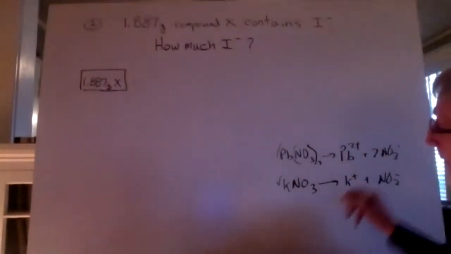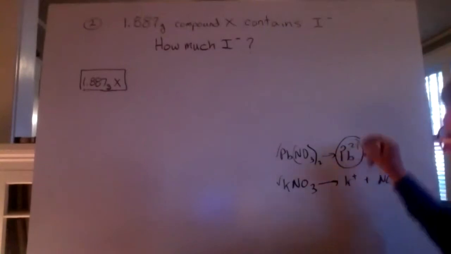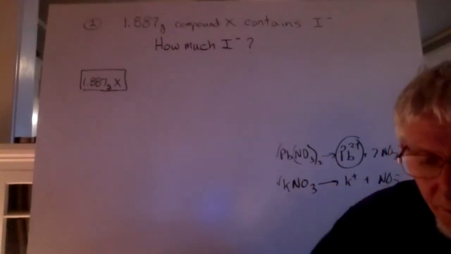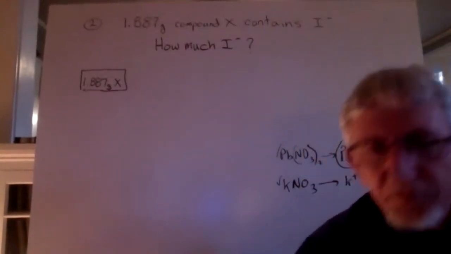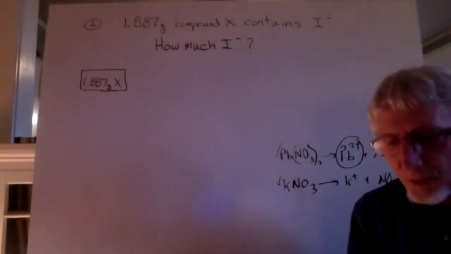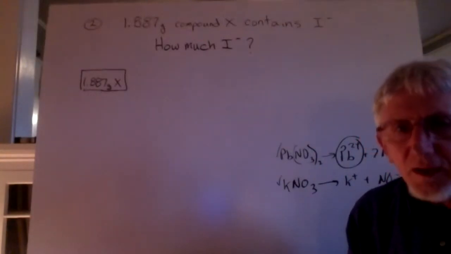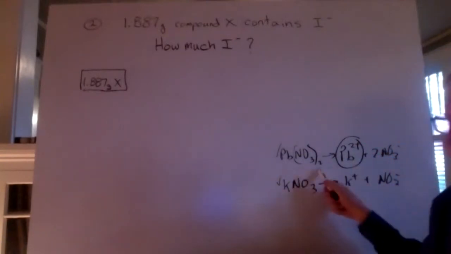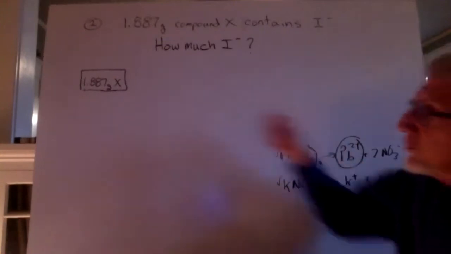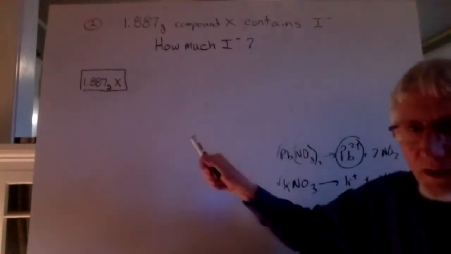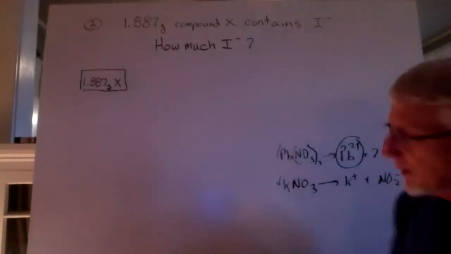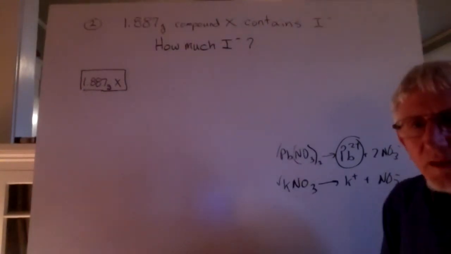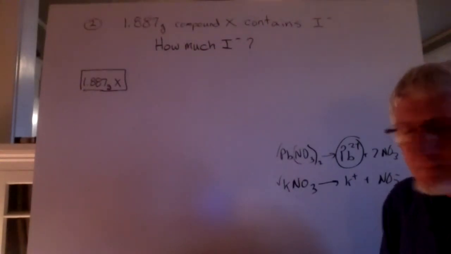And it turns out, looking at that table, it would be the lead. Lead and iodide ion are not compatible together in solution. They'll find one another and grab hold of each other and precipitate as solid. So we're going to add excess lead nitrate to a water-based solution of this compound X in order to precipitate the iodide ion. Any questions on that? Okay.